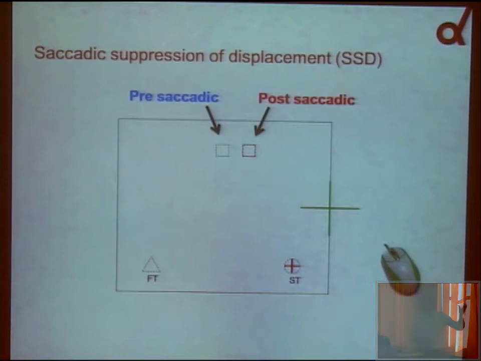So basically there are two bits of information now. There's the pre-saccadic information, a memory representation affected by the saccade, the output of the internal model. And there's this new post-saccadic visual feedback from this other pathway. So the brain has to make an inference. Is this the same information? Is it from the same object or not?